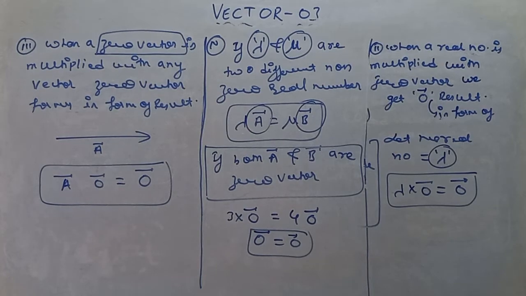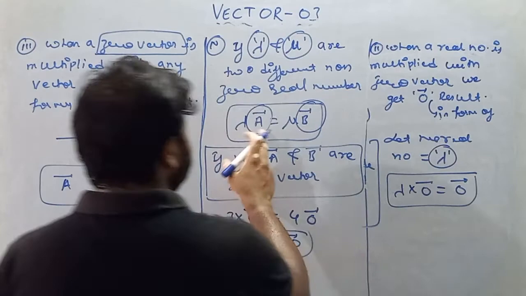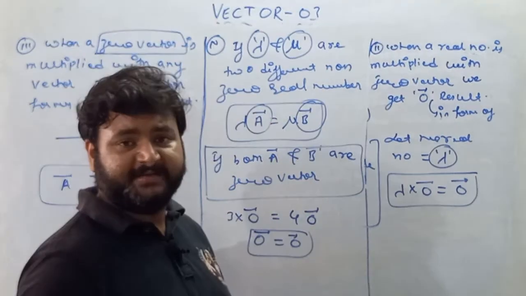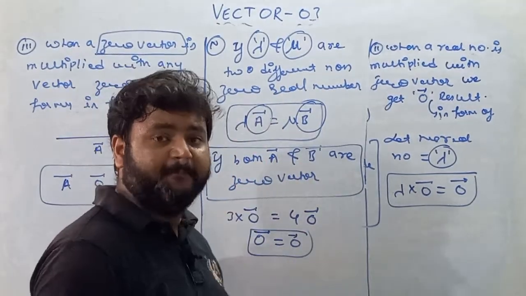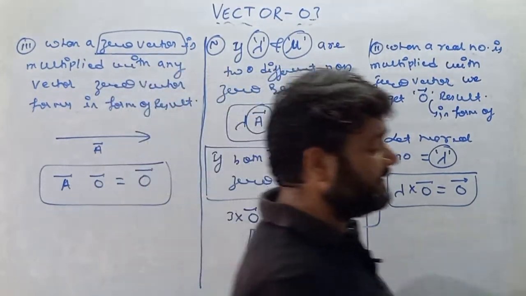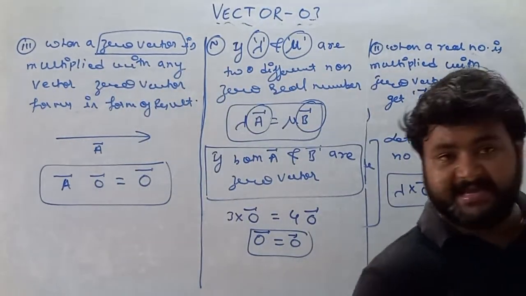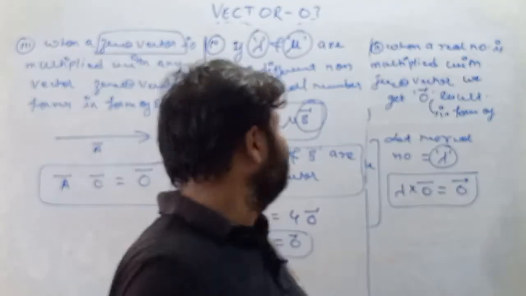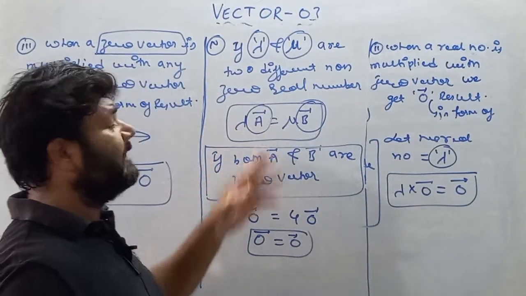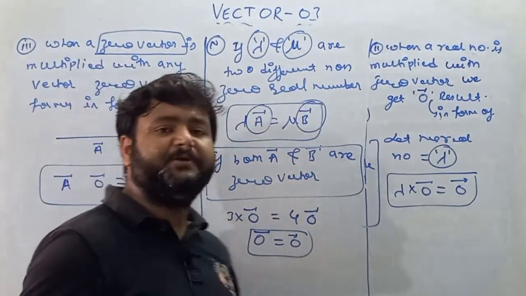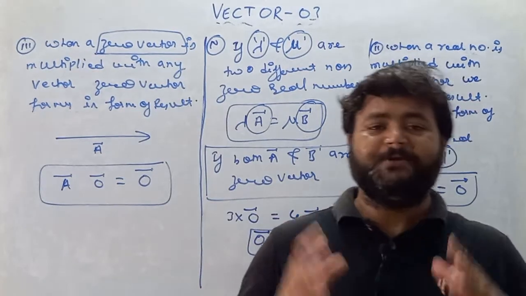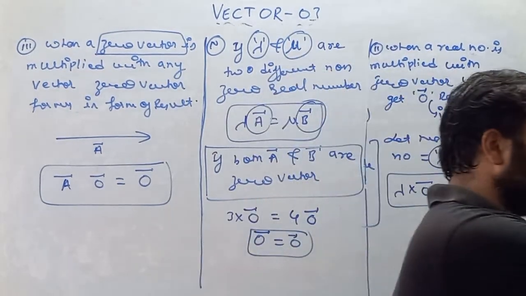If a vector and b vector are not 0 vector, then we cannot write lambda a vector is equal to mu b vector. In that case it is not equal. But if a vector and b vector are 0 vector, then only we'll say lambda a vector is equal to mu b vector. I hope you all understand these small points.